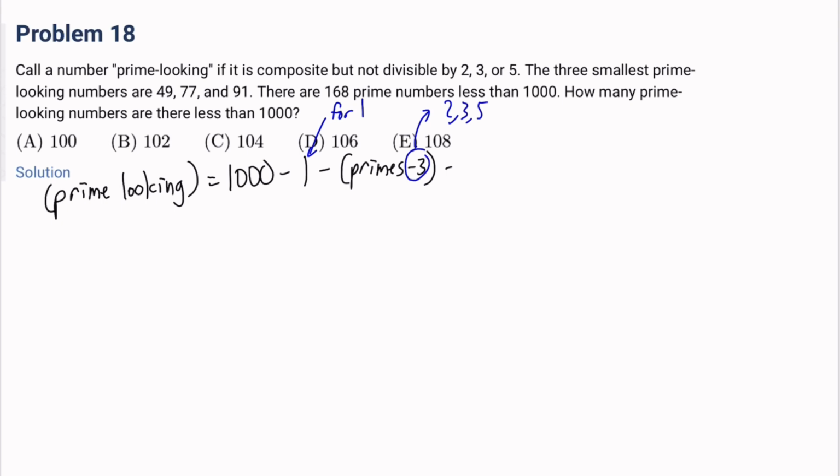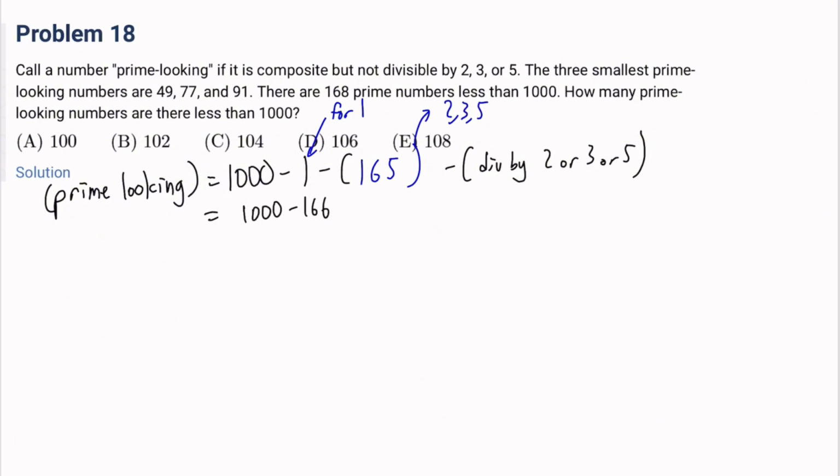And then lastly, we subtract the numbers that are divisible by 2, or 3, or 5. Since there are 168 prime numbers, this would be 168 minus 3, which is 165. And so this is all going to be equal to 1,000 minus 166, which is 834, minus the numbers divisible by 2, 3, or 5.